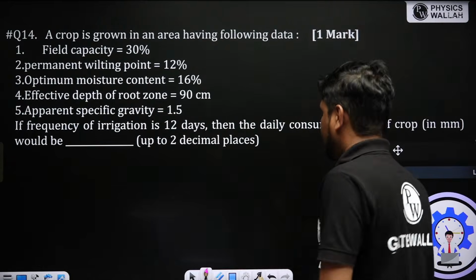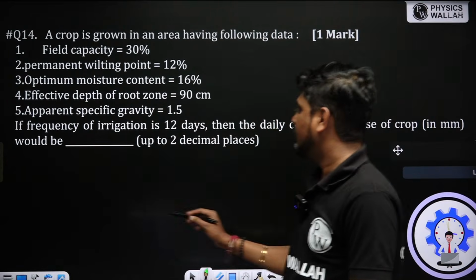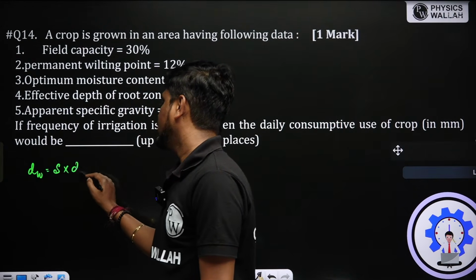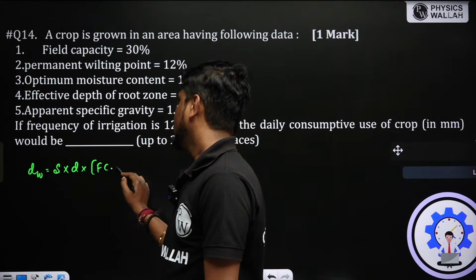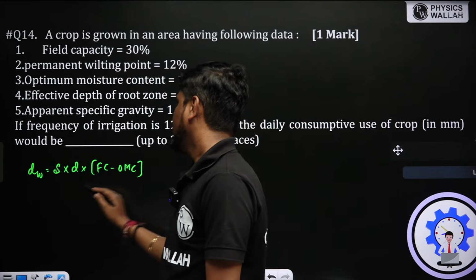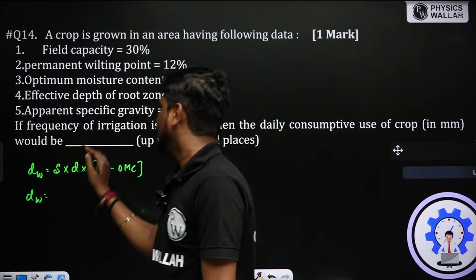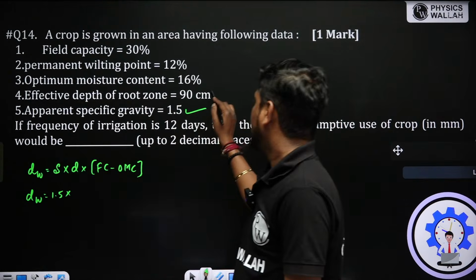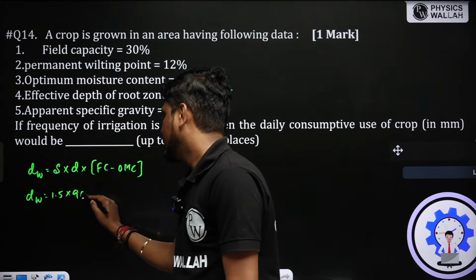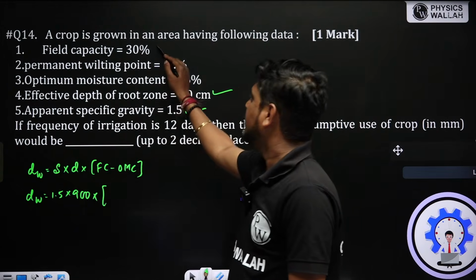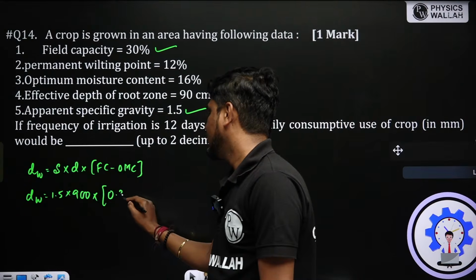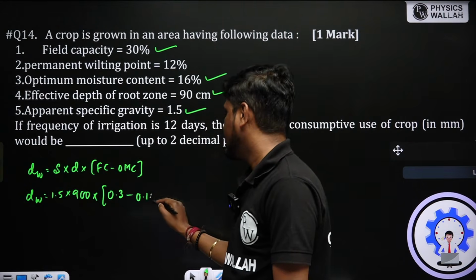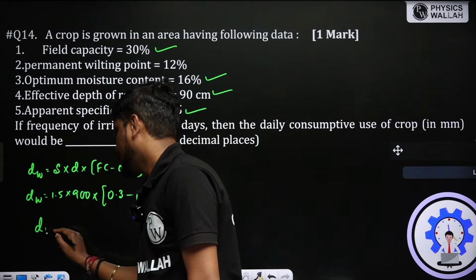So it's a very easy question. So first to find out dW. dW is equal to S into D into FC minus OMC. So dW is equal to S value 1.5, D value 9900, FC 30%, 0.3, OMC 16%, 0.16. Solve this, you will get the dW value.